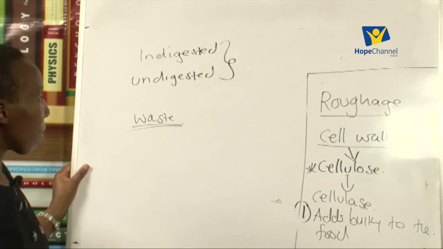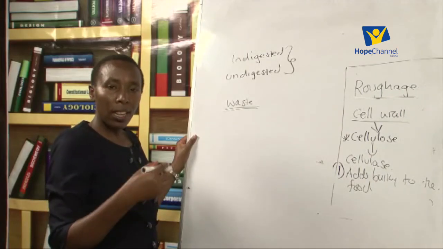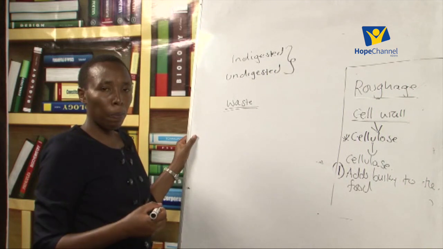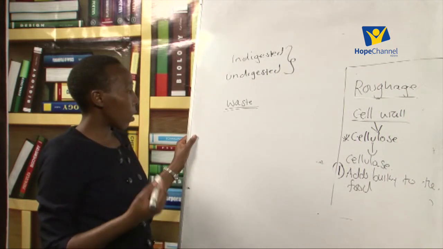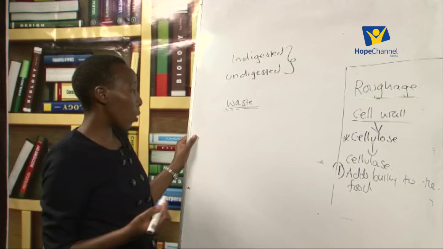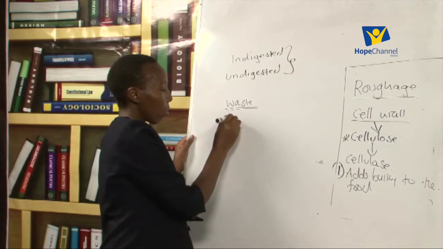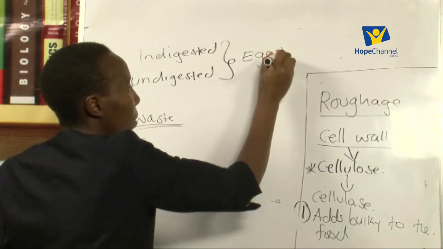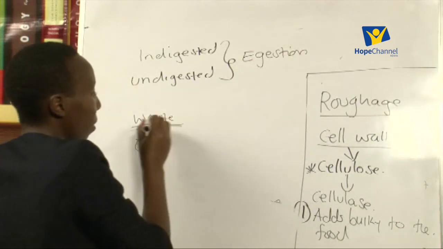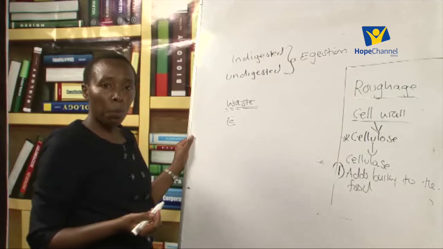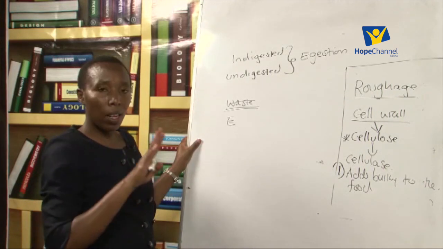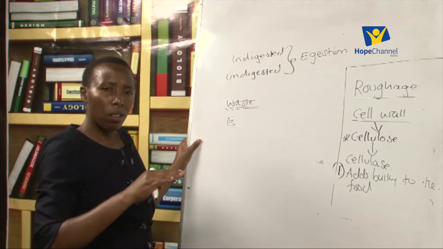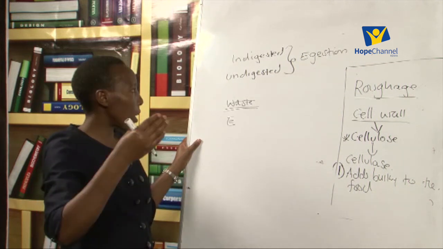They are not digested. They cannot be digested. They were to be digested, but they were not digested. So in that case, we expect a process known as egestion. Egestion means whatever was not digested, whatever was to be digested but was not digested.